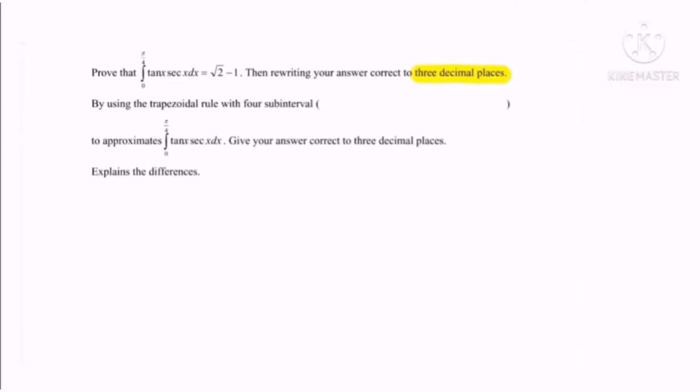After that, by using the trapezoidal rule with 4 subintervals, the subinterval refers to parts, or we can say interval, or we can say strip, or we can say 5 ordinates.